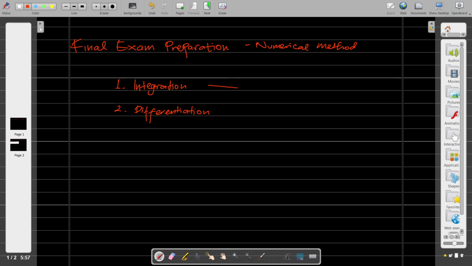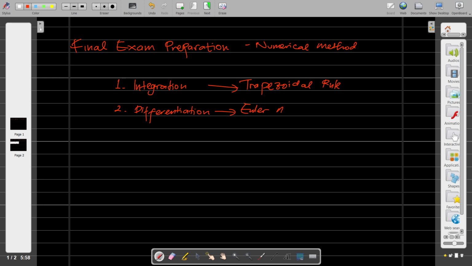Okay. And as we know, in numerical method for the integration and for the differentiation, there are a lot of methods that we can use. But for your final exam, there will be only two methods. The first one, for the integration, the problem will ask you about the trapezoidal rule, and then for the differentiation, you will be asked about the Euler method.